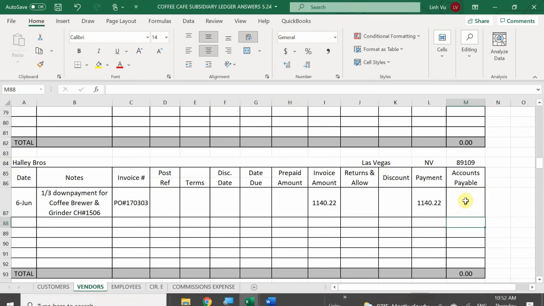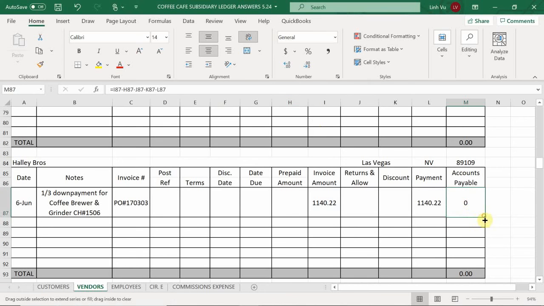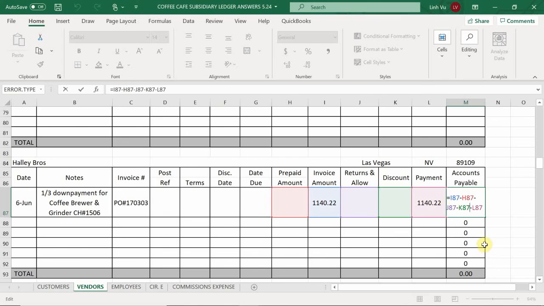Okay, so in this case, yes. The payment. I just want to do the formula. So it's going to be your invoice amount, equal invoice minus your prepaid, minus any returns and allowances, minus the discount, minus the payment.